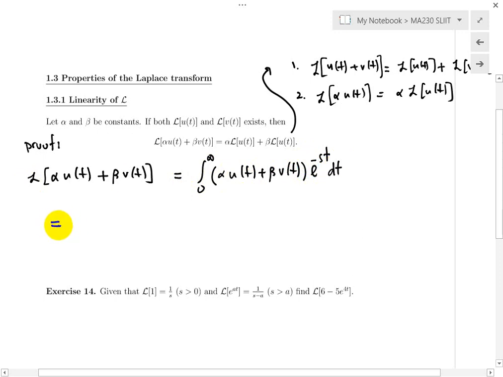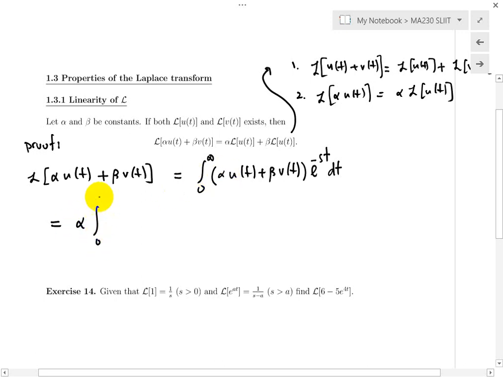Now you can rearrange things. This you can do actually when you have this improper integral. This rearrangement is possible when each integral converges. So alpha is a constant, you can take that out.